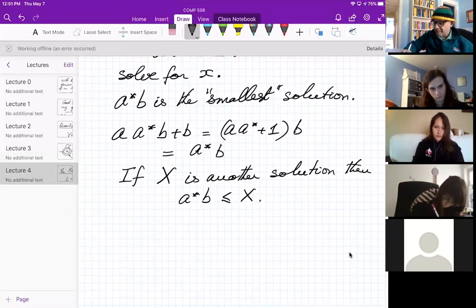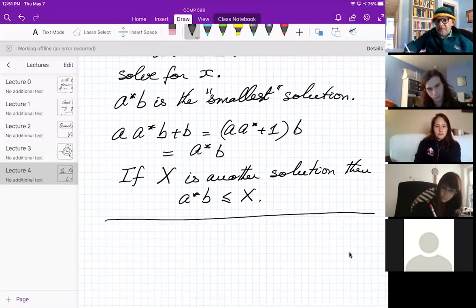So there's a special one. So solving equations like that is not super interesting. It's a kind of a curiosity, but the next thing I'm going to do makes it extremely powerful.